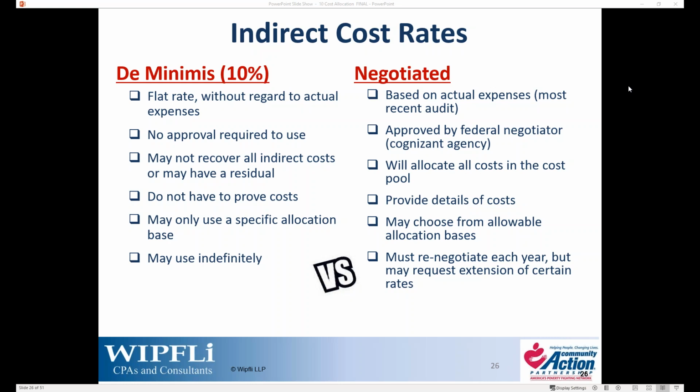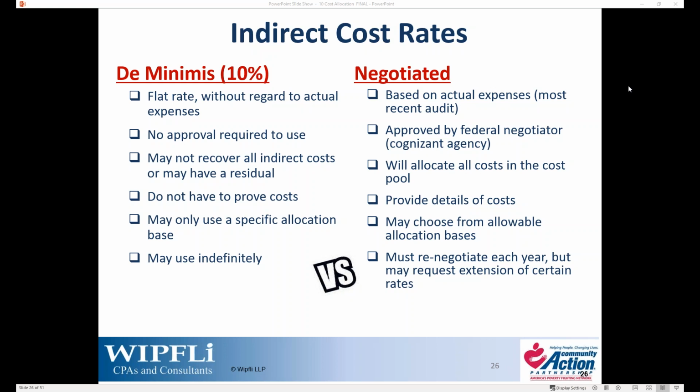You can only use one allocation base, and that's modified total direct costs, which we'll get to shortly. And you use this rate indefinitely. So if you say, we think that just charging everybody 10% would cover our administrative costs, then you should consider using the de minimis rate.